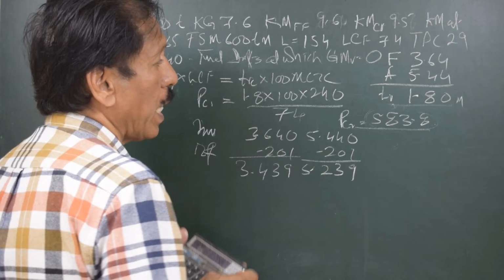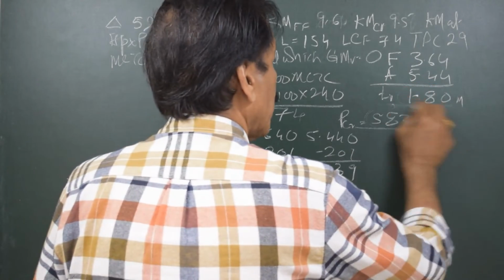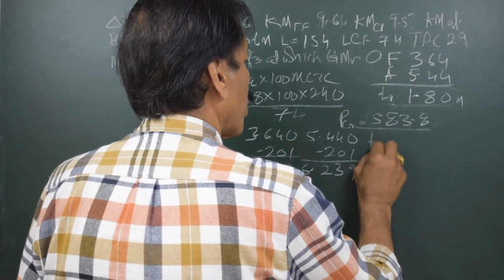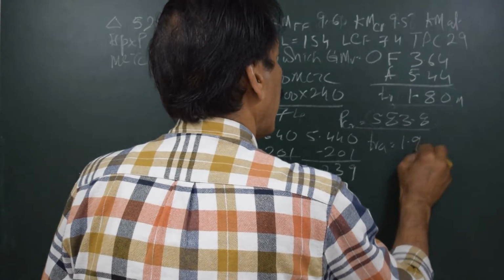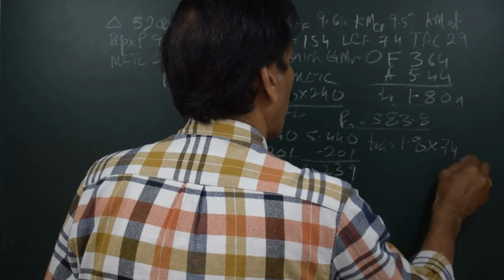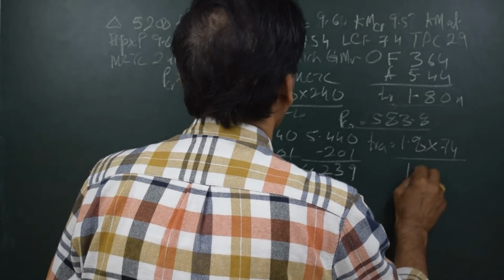there is no slope in the dry dock. So trim change is 1.8, so TRA is equal to 1.8 into LCF, that is 74, divided by LBP, that is 154.